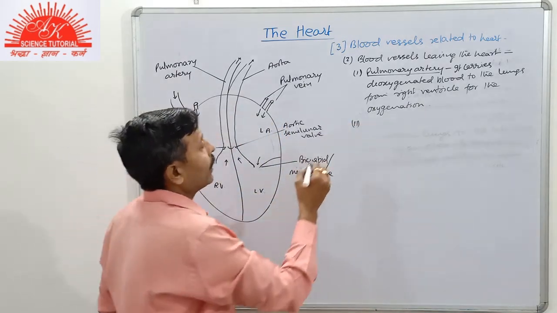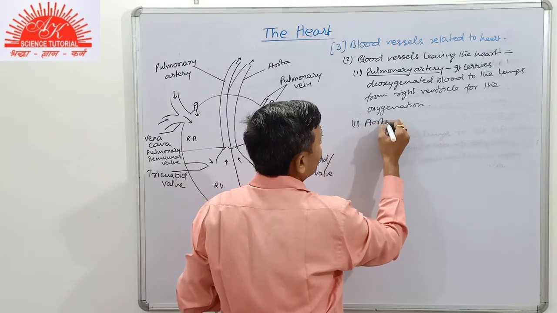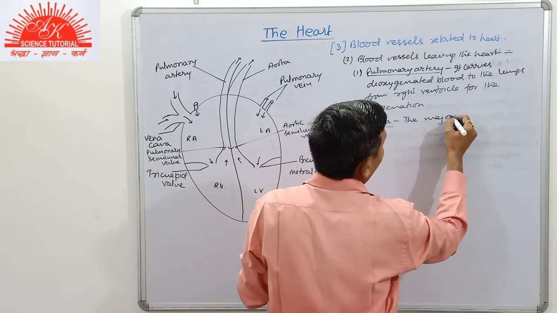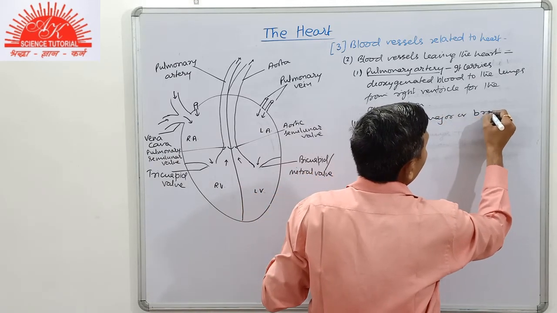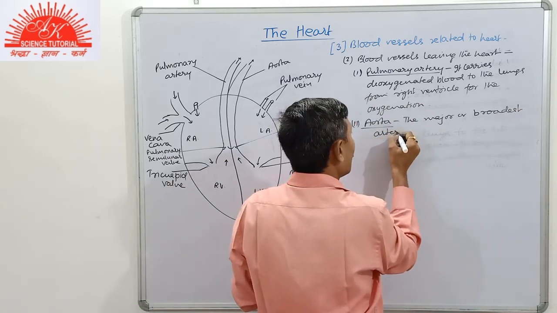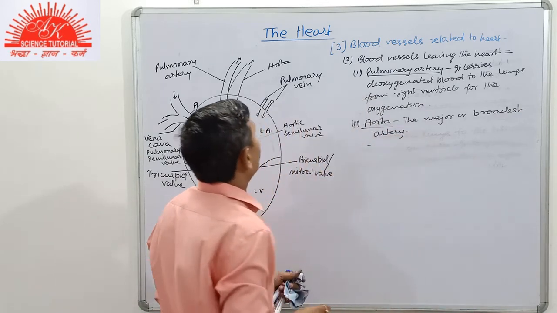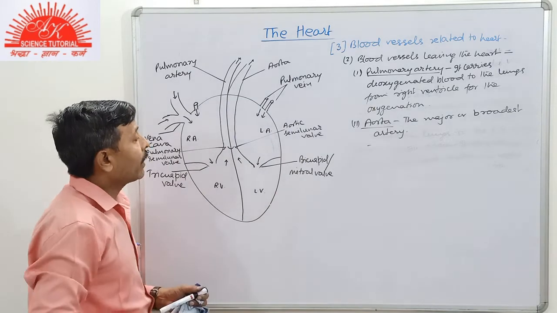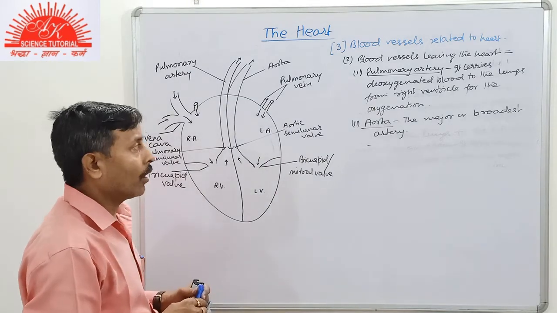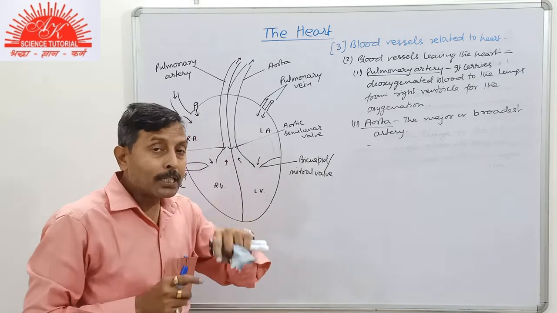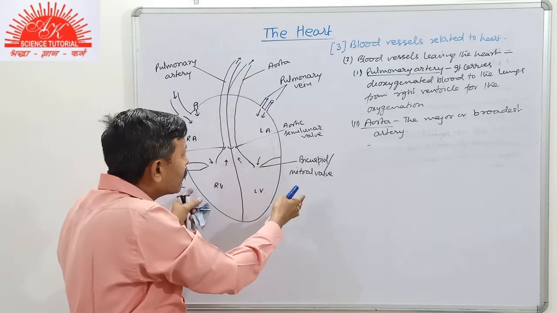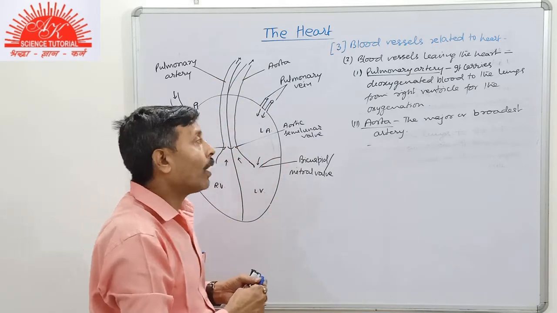Now the next one is the aorta, the major or broadest artery. There will be the maximum blood pressure in the aorta, because the left ventricle first of all contracts to pump the blood into the aorta, and the first branch from the aorta is the coronary artery that carries oxygenated blood to its own wall.